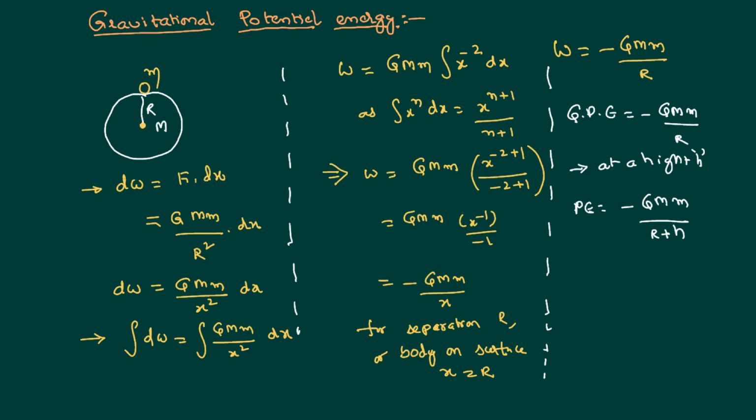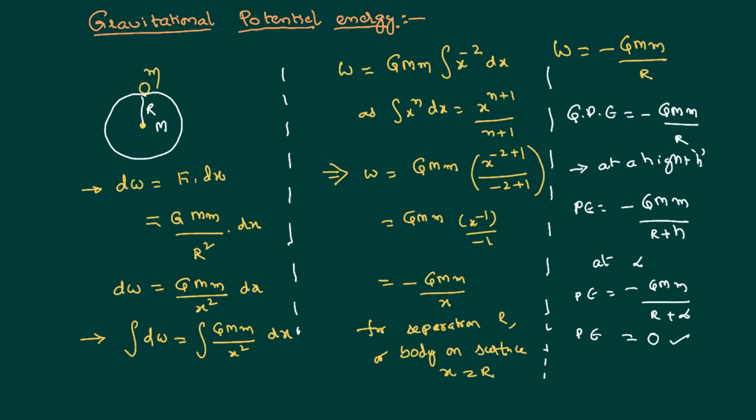Suppose the body has gone to infinity, then the potential energy becomes minus G M m by r plus infinity, which is equal to 0, because something plus infinity is infinity and something by infinity is equal to 0. So at best, the potential energy becomes 0; it will never become positive.